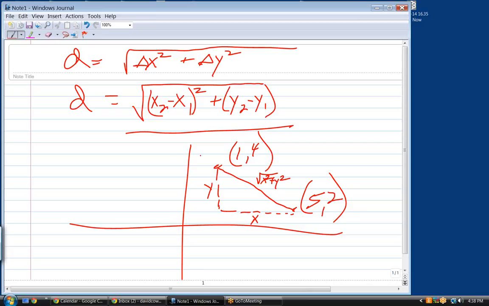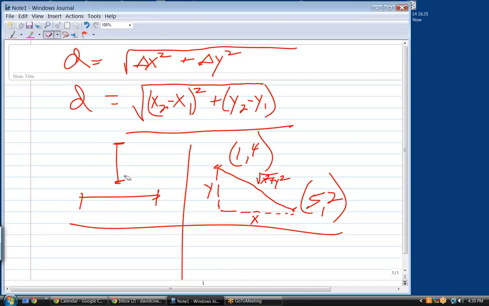Okay? The only time the distance formula is not the hypotenuse of a triangle is when it's a horizontal line or a vertical line. If it's either of those, then the distance is easy. It's just the difference of the x-coordinates. Same thing with the distance of a vertical line. It's the difference of the y-coordinates.